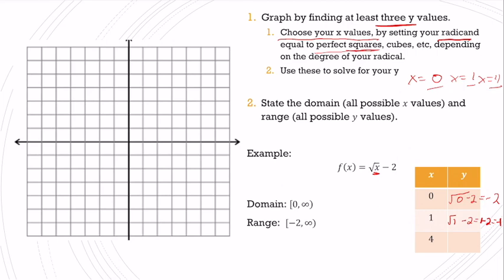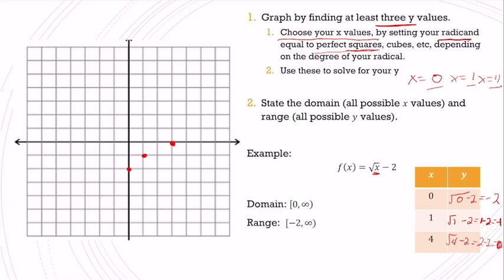If I take the square root of 4 minus 2, I'm going to get 2 minus 2, which is 0. So let's go ahead and graph these ordered pairs. When x is 0, y is negative 2. When x is 1, y is negative 1. And when x is 4, y is 0.